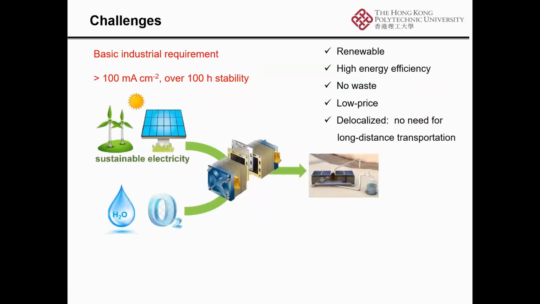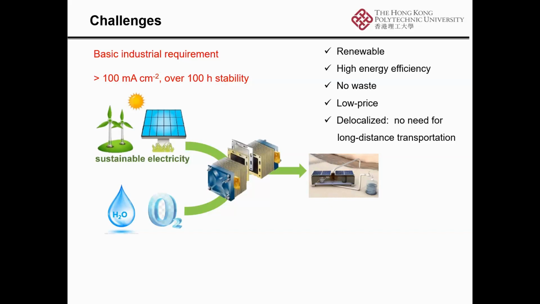But for the clean energy conversion process, there are some challenges. Previously in the lab scale, it was normally at very small current density, but the industrial requirement normally needs large current density and long-term stability. The minimum requirement for the electrochemical approach is 100 milliamp per centimeter square over 100 hours of stability.